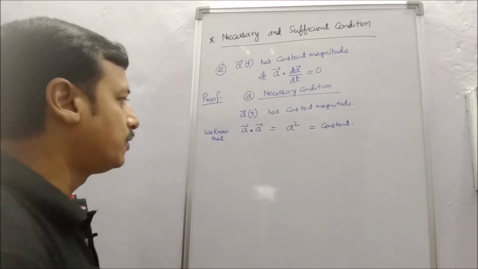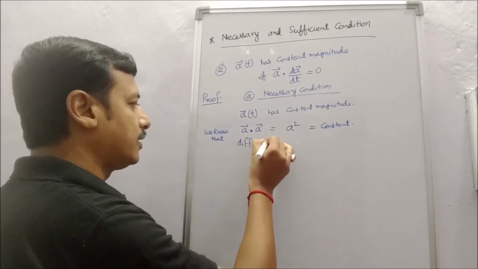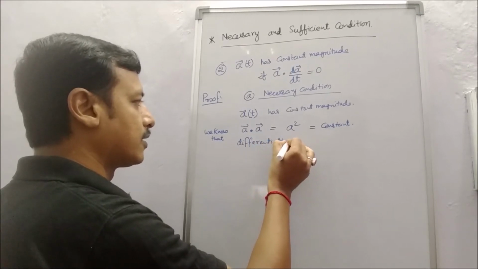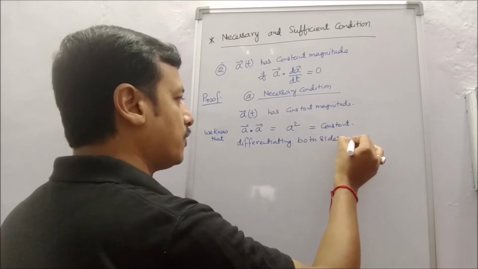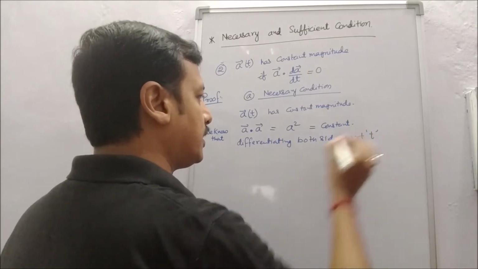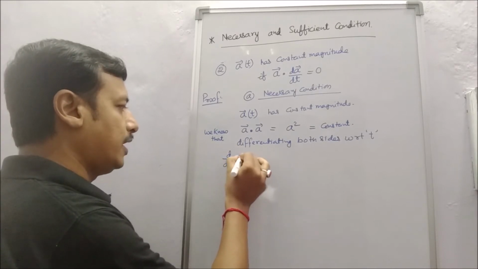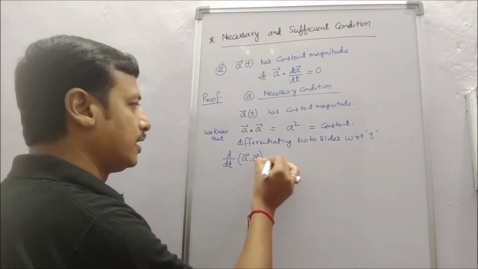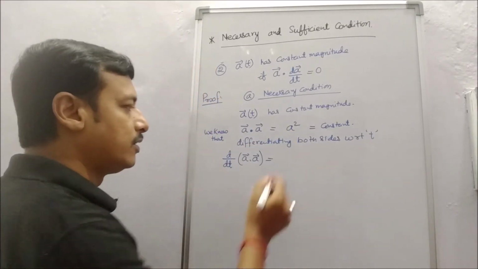Now, differentiating both sides with respect to t. So, d/dt of A dot A is equal to, since A square is a constant, 0.